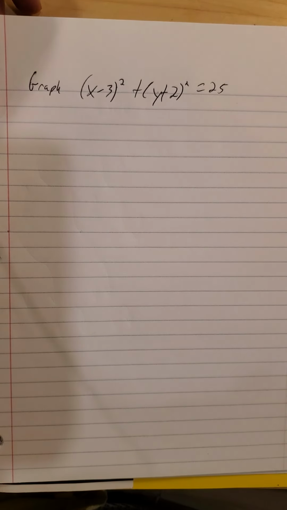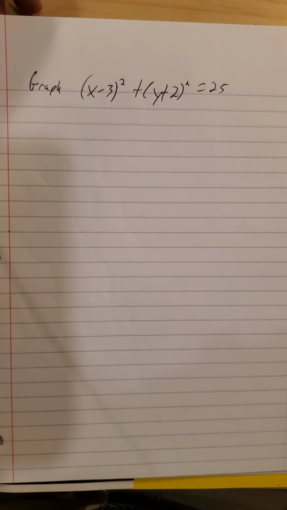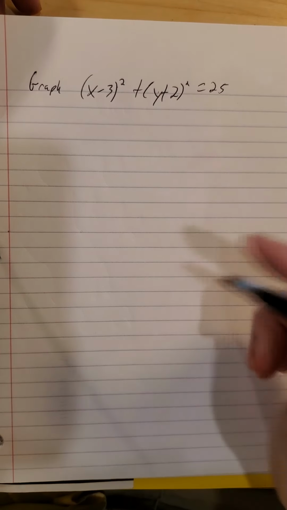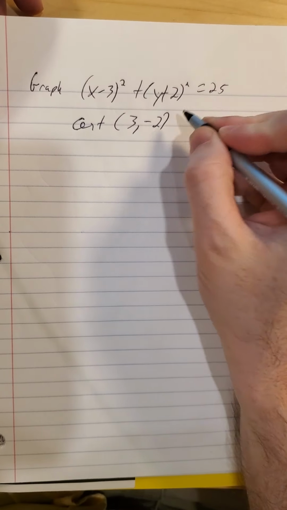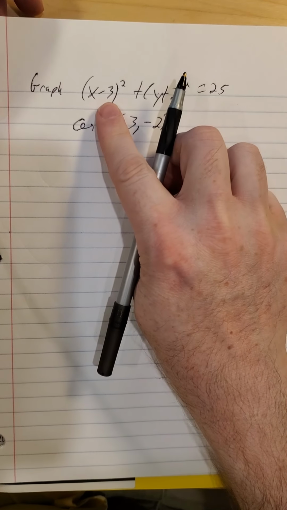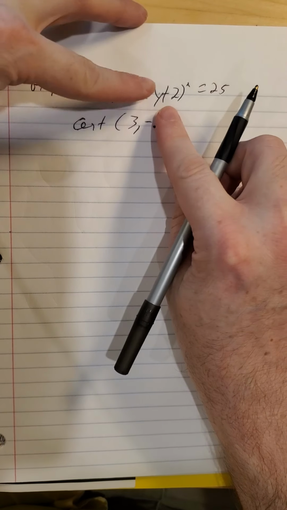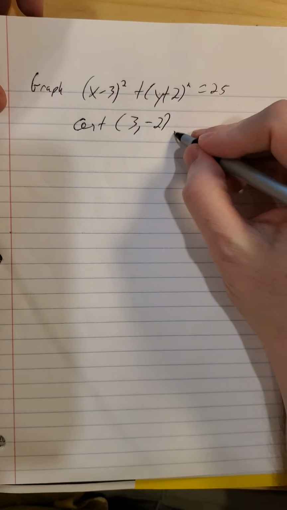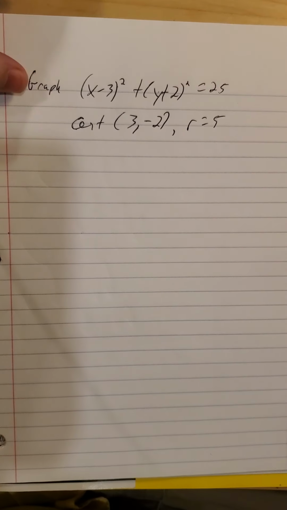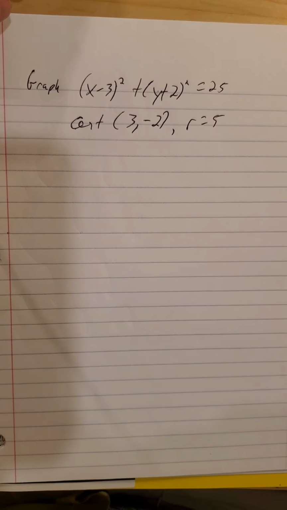So I'll write down the information that I know about it so far. We know the center is at (3, -2). Watch those signs. Remember, x minus 3, y plus 2 is the same as y minus a -2, and a radius of 5.